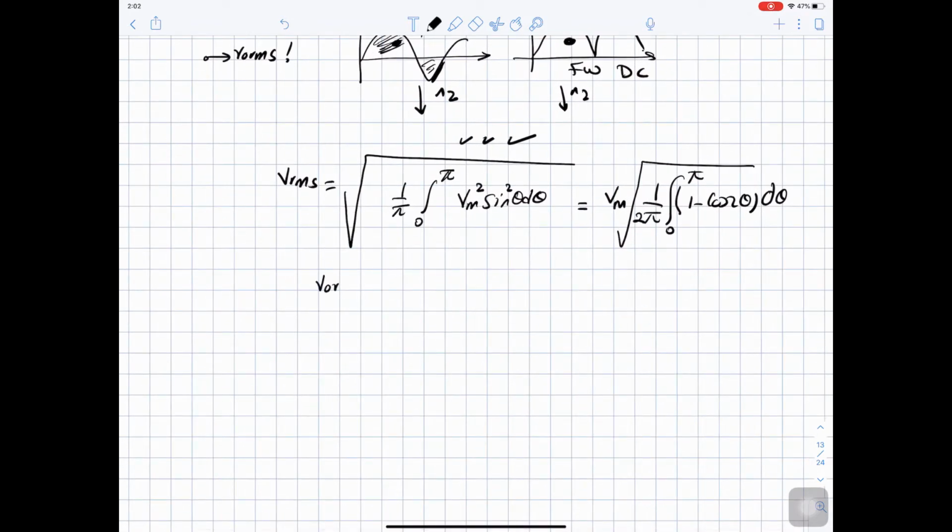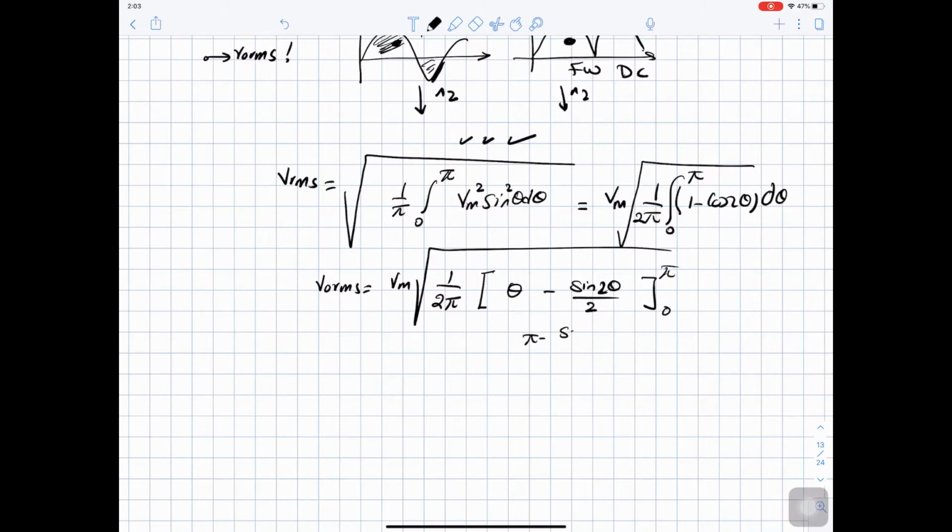So V out RMS will be Vmax square root of 1 divided by 2 pi, and this integration will be theta minus sine 2 theta over 2 from 0 to pi. If we put the limits, it will be pi minus sine 2 pi over 2, minus 0 plus sine 2 multiplied by 0 over 2.